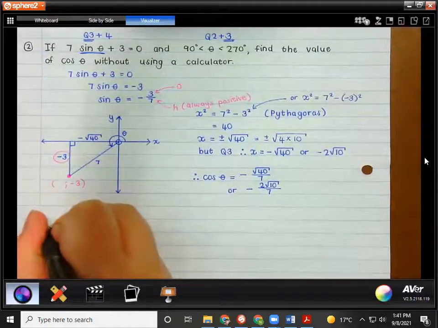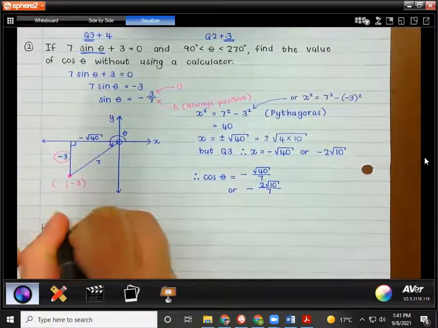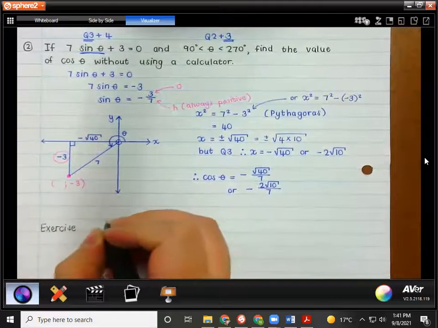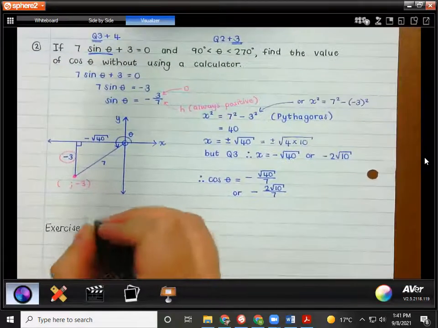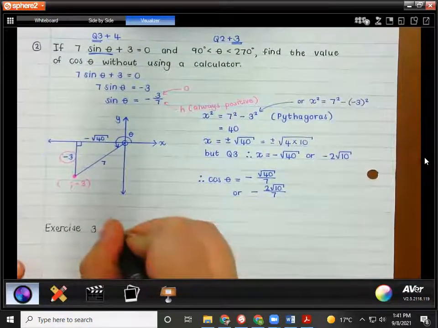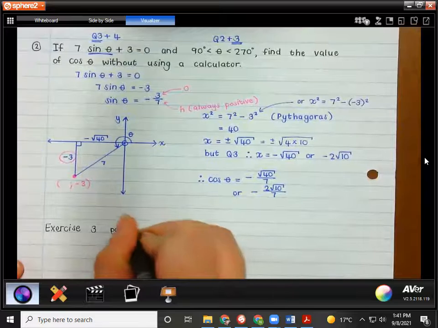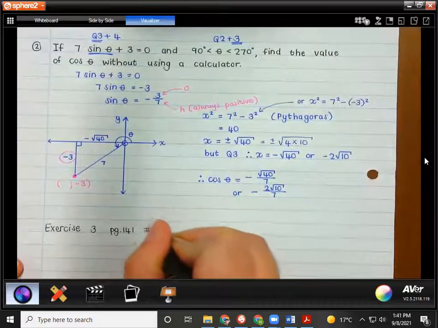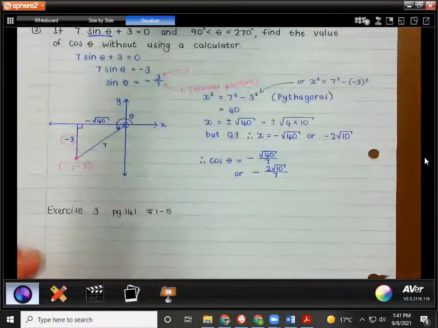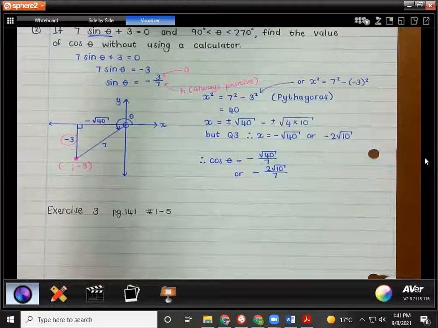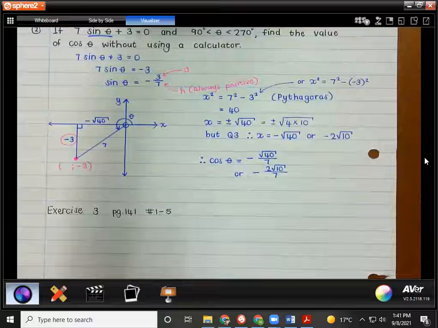Okay, we are doing exercise 3. On page 141, you are doing numbers 1 to 5, please. Do those, please keep going. You have 20 minutes. It's a lot, guys.